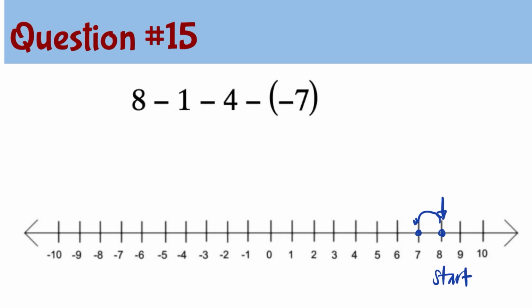From 7, we're subtracting 4, so this means from 7, we go 4 units left. 1, 2, 3, 4, and that is now at 3. From 3, we're subtracting negative 7. So what does this mean? This means that we need to go 7 units to the right. 1, 2, 3, 4, 5, 6, 7. So this means that the final answer for this question is 10.